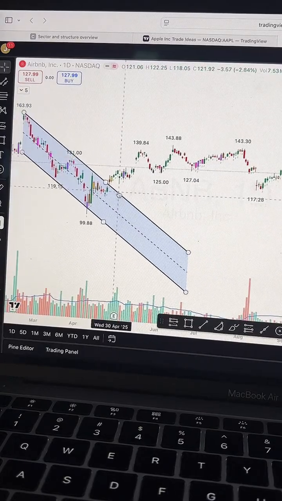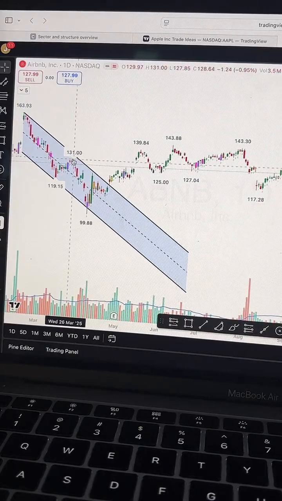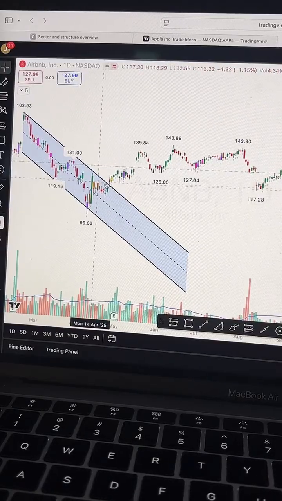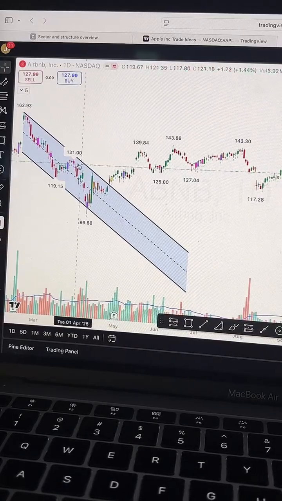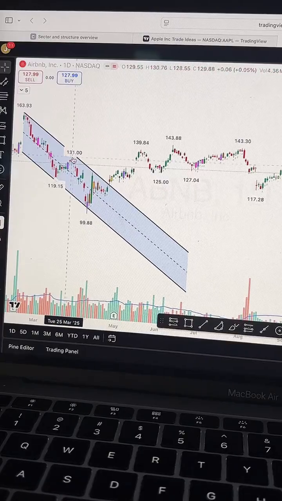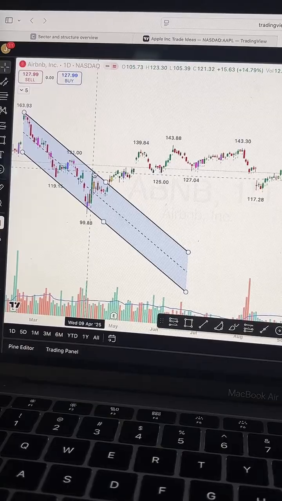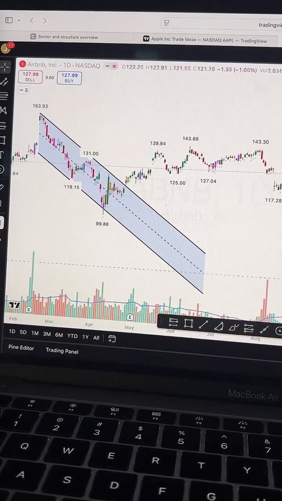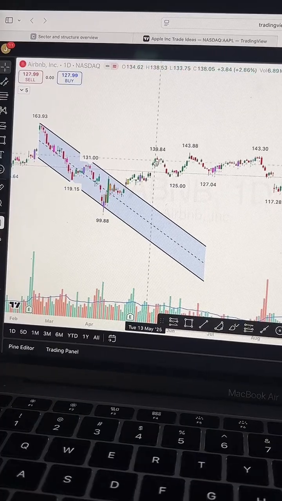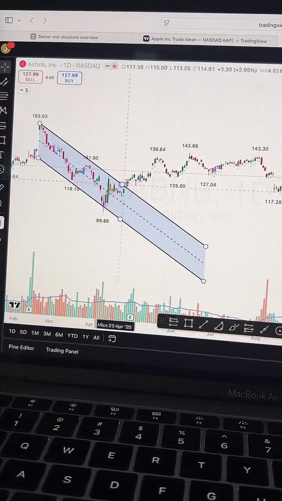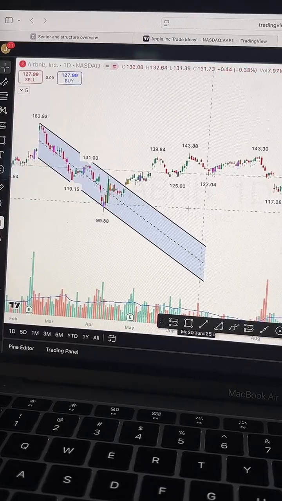In order to break this downtrend, we have to get above the latest swing high, which was this 131. And you can see right here, we created one above the 131.